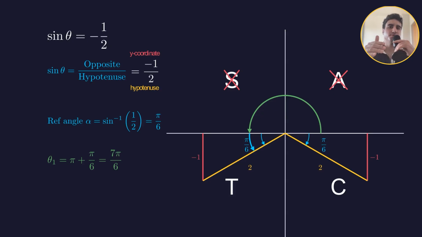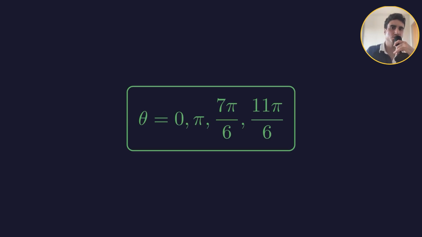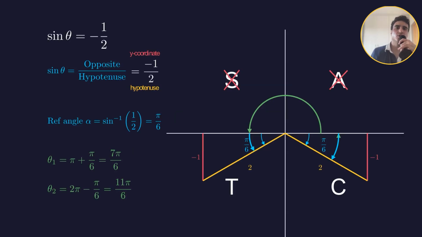In a similar vein, in the cosine section, we've got our theta is pi over 6, but we've also got our 2 pi looping around 360 degrees. So that represents a full revolution, but we're taking away that little sliver that is pi over 6. So our answer there is 11 pi over 6. And as you can see, that means we've got all of our solutions here. By drawing that triangle, we've been able to make things a lot easier for ourselves.